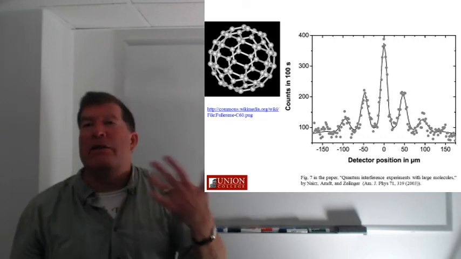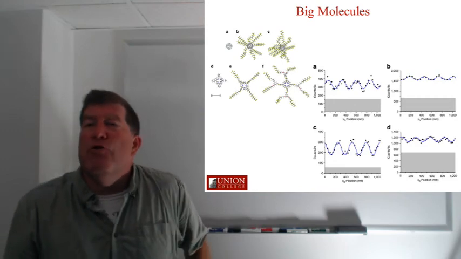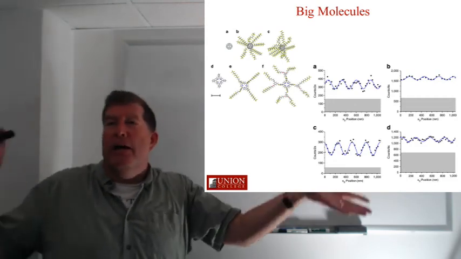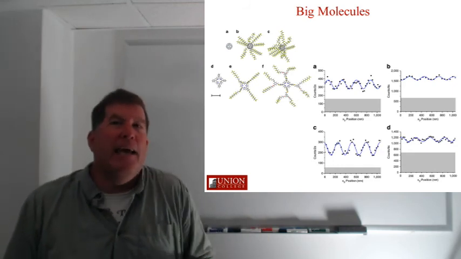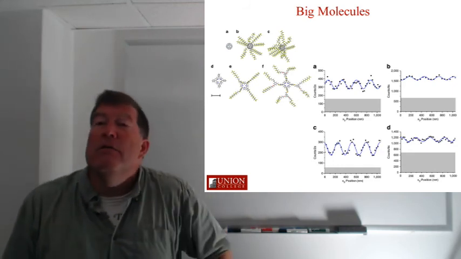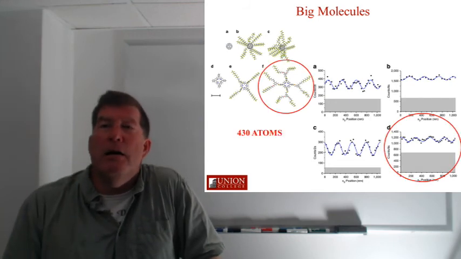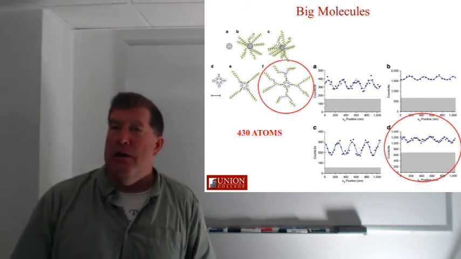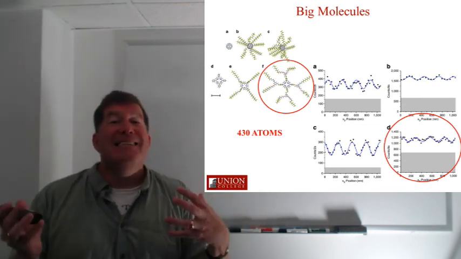You can do the same thing with even larger things. This is even a few years old now, but this is that same group doing this with big floppy organic molecules or long chains of carbon atoms. I can't tell you the names of any of these things, but what I can tell you is that this largest, floppiest one here has 430 atoms in it. 430 atoms in these big long chains.